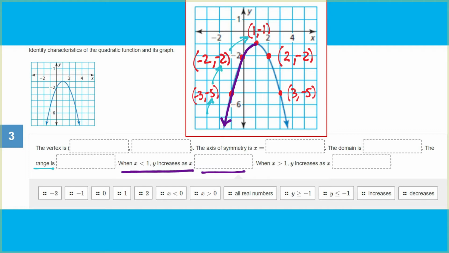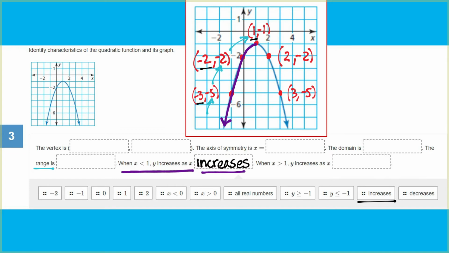As I move from one point to the next, my y's, -5, -2, -1, are increasing. What's happening to my x's? -3, -2, 1. Our x's are also increasing. So this spot right here should be filled in with the word increases.